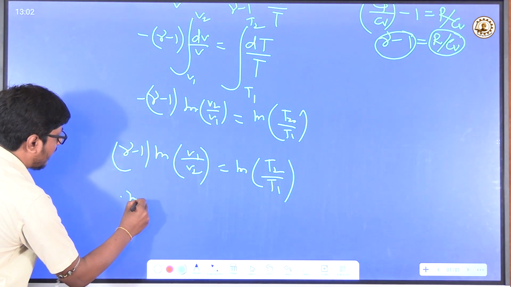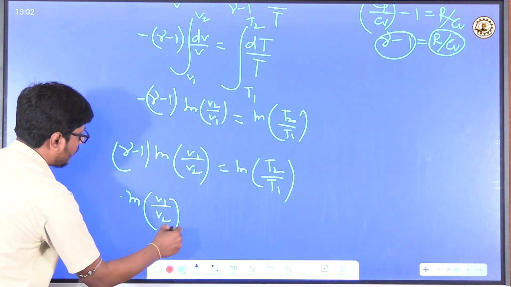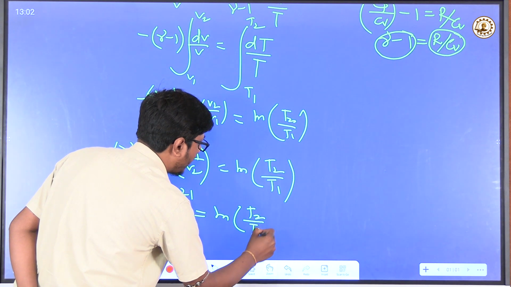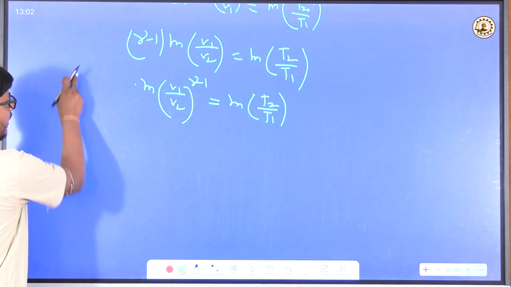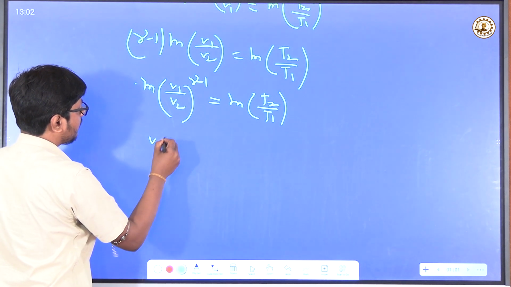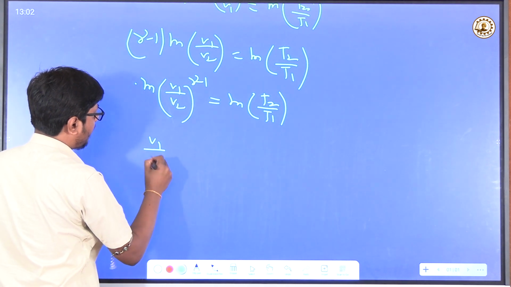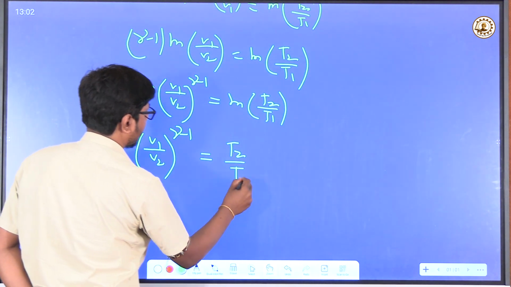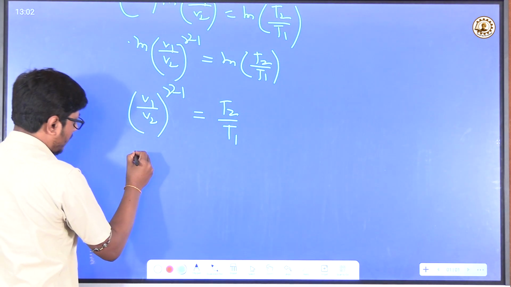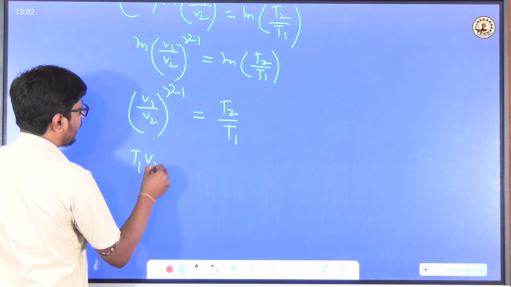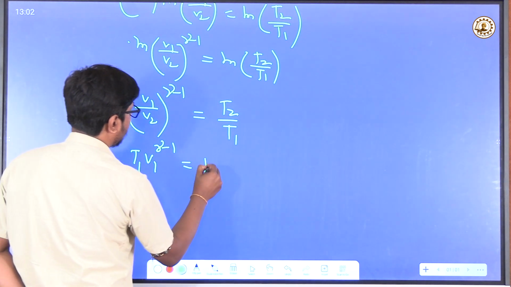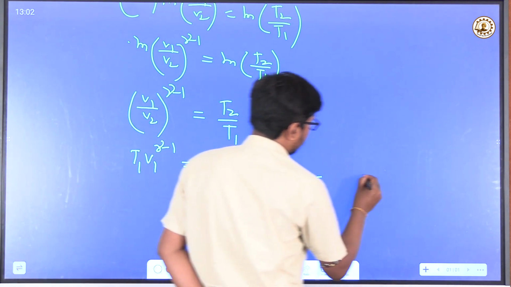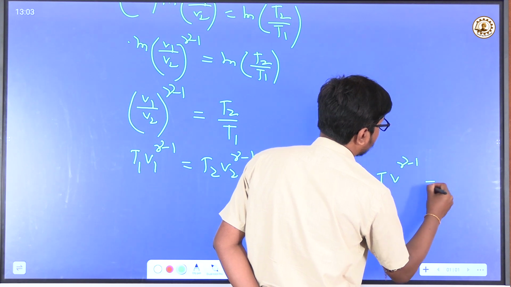Now we can write ln of v1 by v2 to the power gamma minus 1 equal to ln T2 by T1. The ln cancels out from both sides, so v1 by v2 to the power gamma minus 1 equals T2 by T1. Multiplying, T1 v1 to the power gamma minus 1 equals T2 v2 to the power gamma minus 1. From there we write T v to the power gamma minus 1 equal to constant.